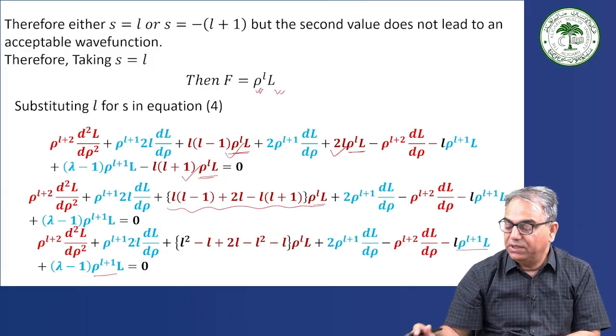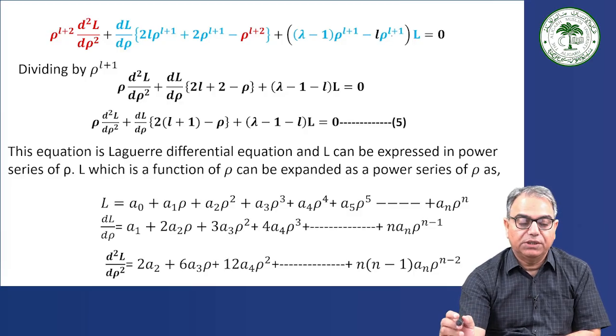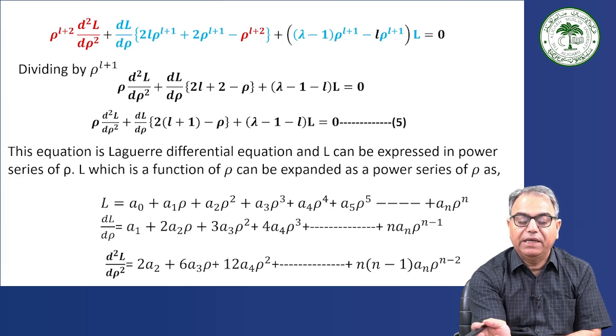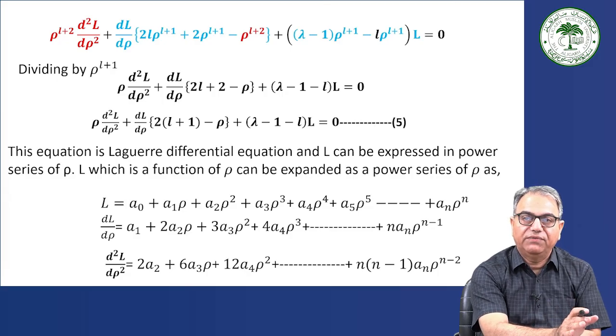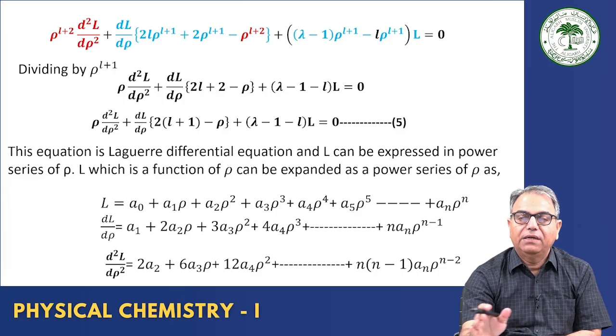Okay. So, this combination will ultimately result into this equation: rho^(L+2) d²L/dρ², dL/dρ terms at one place and L terms on the other. What you have to do is your motto should be that the double differential of L should be on one side, then the single differential, and then the L value.